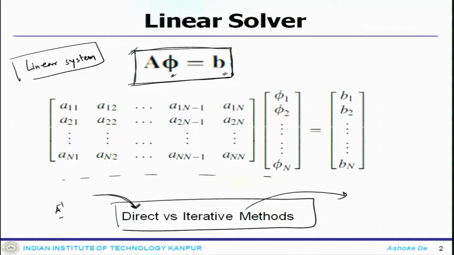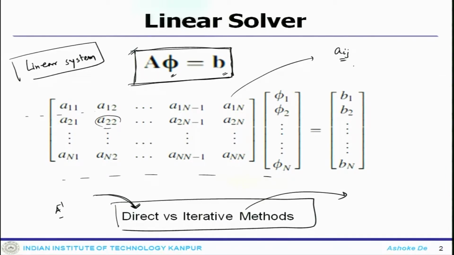Secondly, each row here corresponds to some element A ij. For the second row, second element, this is A22.